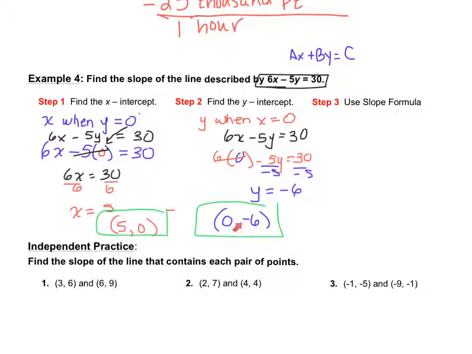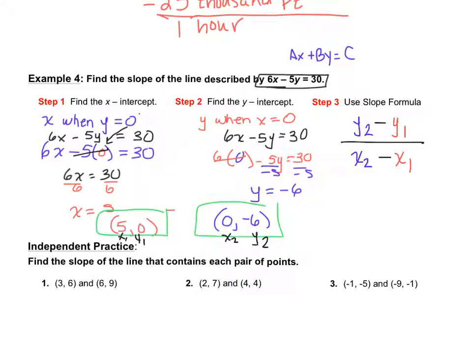And then once you have 2 points, you have x1 and y1, and you use the slope formula. So you're going to have y2 minus y1 over x2 minus x1. We have this value is x1 and y1, and this one is x2 and y2.